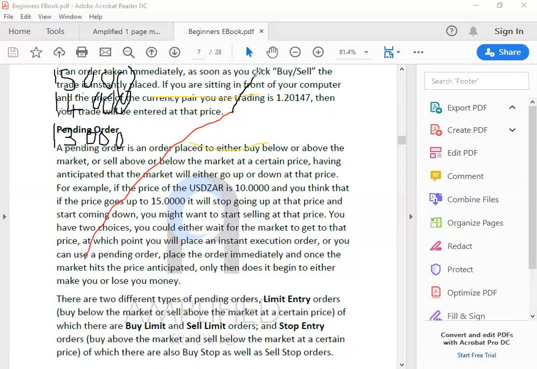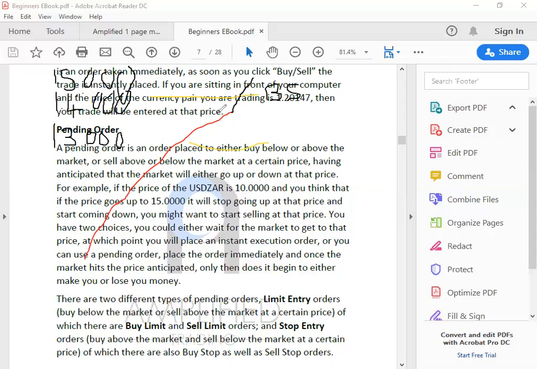So what we use in this example is a stop entry. Okay. And to be specific, there are two types of stop entries, right? A buy stop and a sell stop. So in this instance, we'll use a buy stop. This is BS.